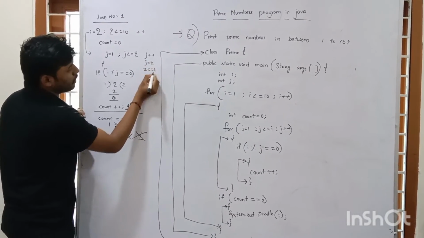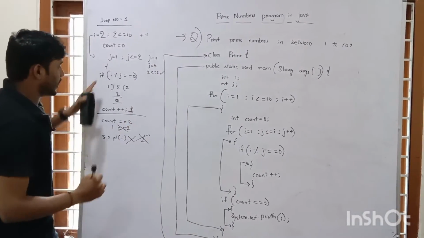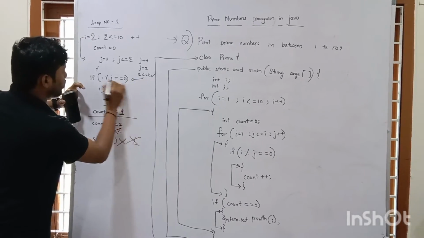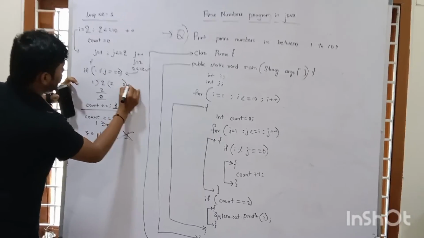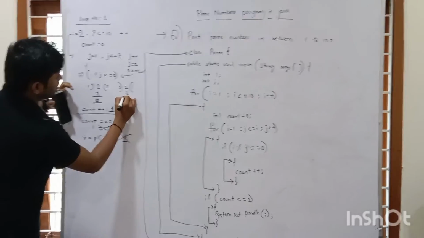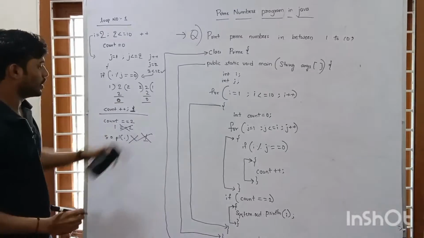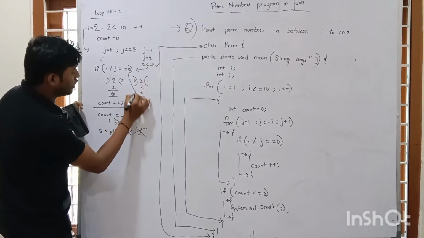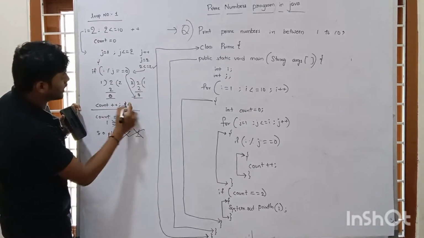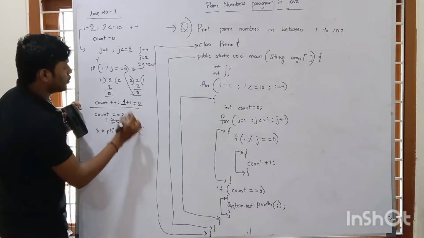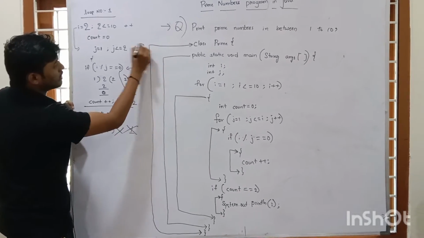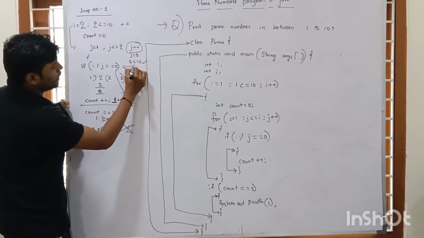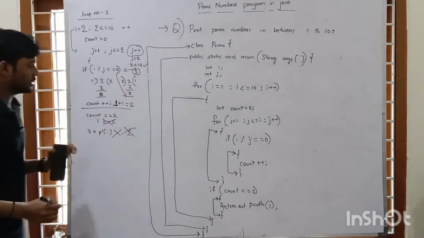2 is less than or equal to 2. Condition is satisfied. Again here it will enter this condition. Now 2 divided by 2, 2 ones are 2, the remainder is 0. Again the count, when the condition is equal to 0, then the count will be increased. 1 plus 1, 2. Again based on j plus plus, 2 will become 3.